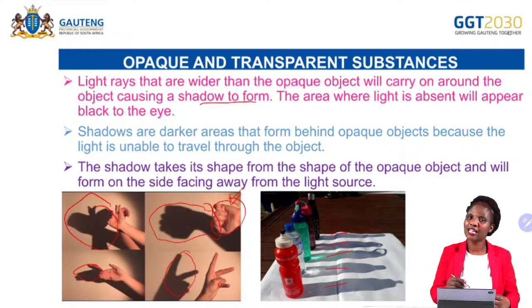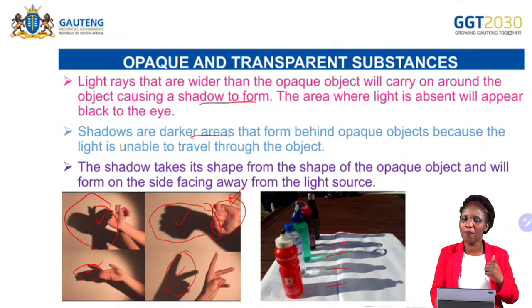Okay. Shadows are darker areas. If you check this one, then this one, all of them, they are darker areas that form behind an opaque object because the light is unable to travel through the object. You get that? That's very good.